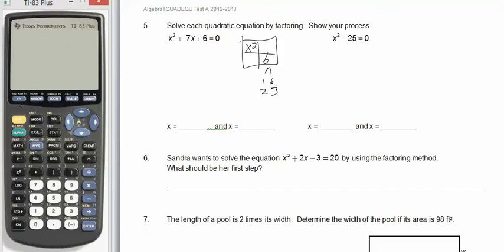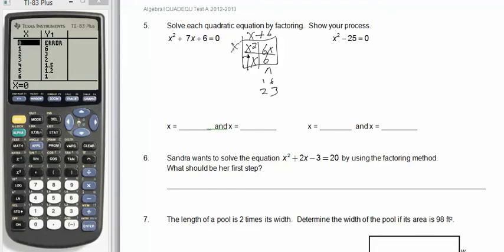Remember, you can find those in the calculator by going into y equals and doing 6 divided by x and going into the table and 1 and 6 and 2 and 3. But we're looking for the ones that add up to 7. So it's 1 and 6. So 1x and 6x. We end up with x plus 6 and x plus 1. So there's our factored form, x plus 6 and x plus 1.